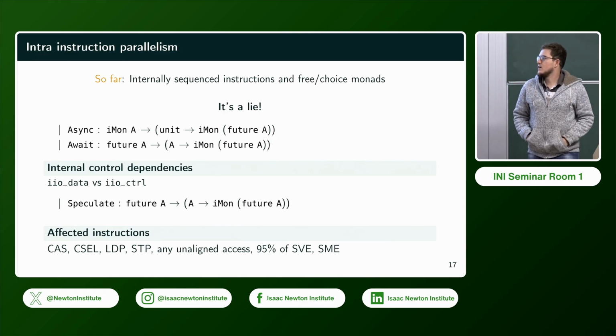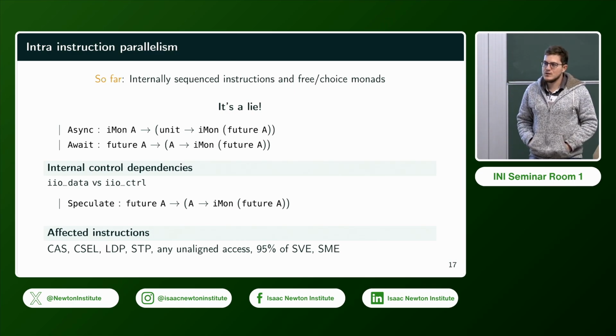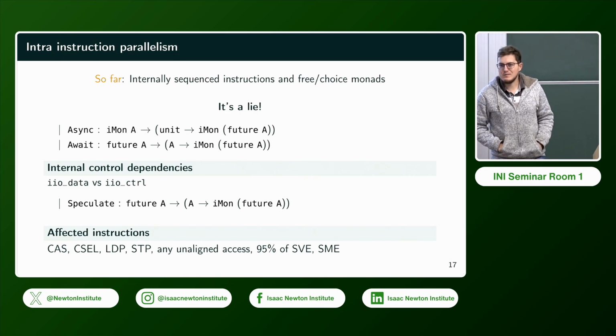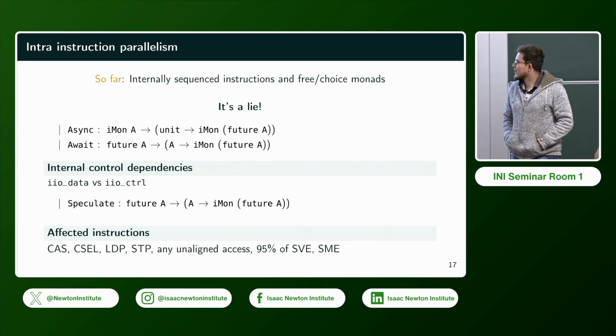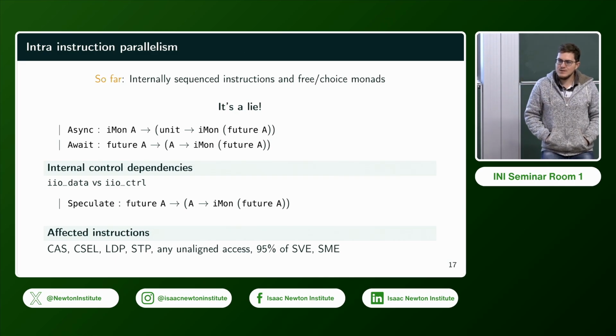CAS, and in general any read-modify-write instruction where you don't have a direct data flow between the read and the write, are affected. Conditional selects and instructions with internal control flow are affected. And anything that does multiple memory accesses in parallel: load pair, store pair, any unaligned access, and basically even any vector instruction starts being affected too.